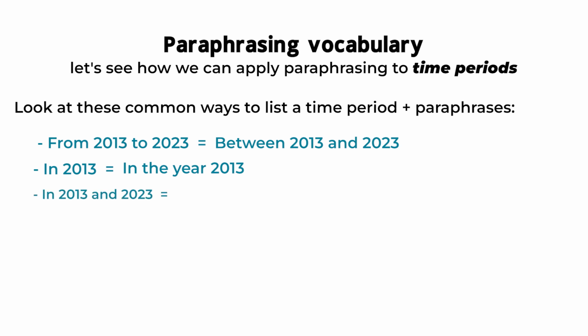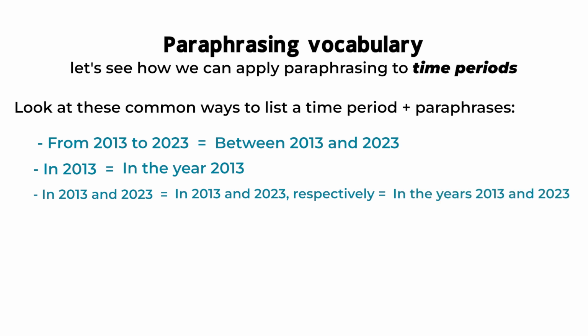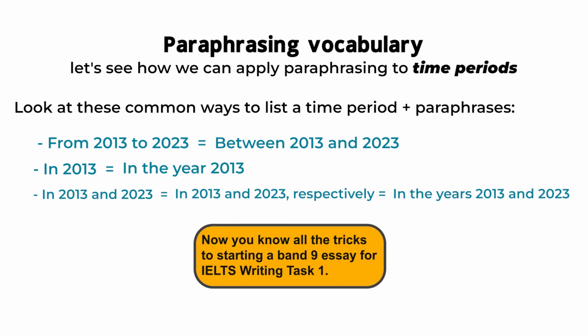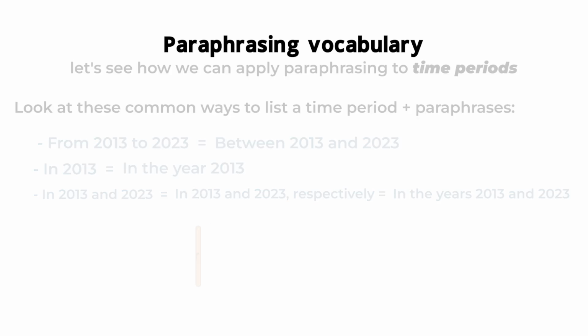In 2013 and 2023. In 2013 and 2023 respectively. In the years 2013 and 2023. Well done. Now you know all the tricks to starting a Band 9 essay for IELTS Writing Task 1. Let's go through one more example to make sure we remember all these techniques.